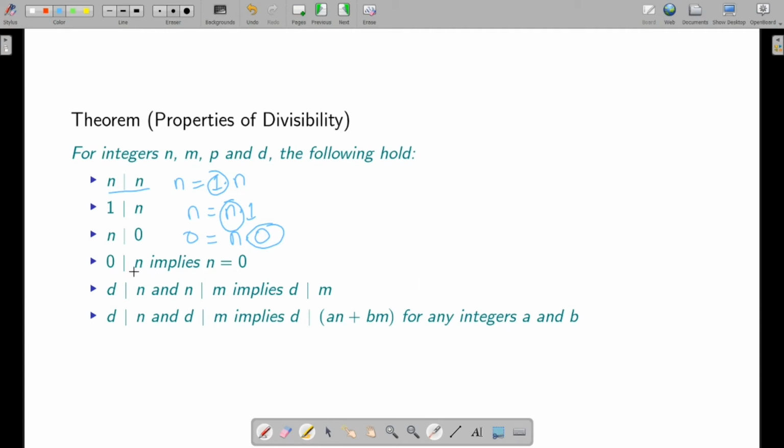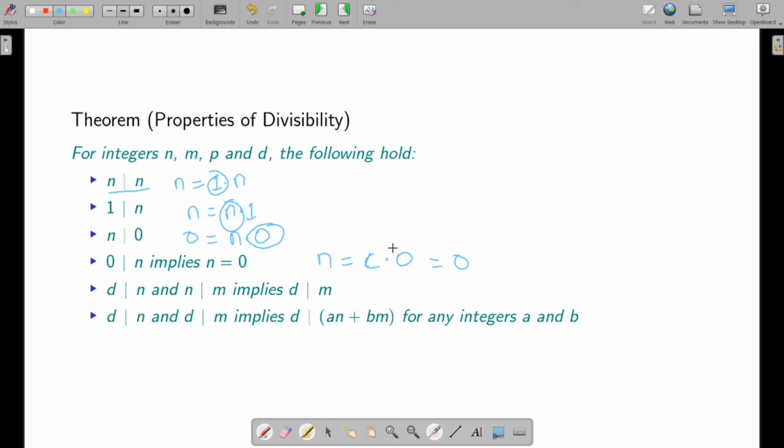What is the meaning of 0 divides n? That means there is some c such that n is equal to c times 0. But c times 0 we know is 0, so therefore n has to be 0.